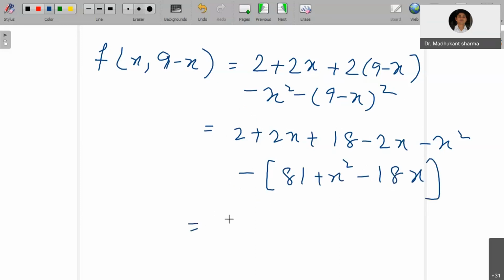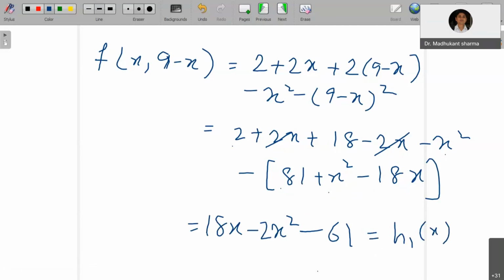So 2x gets cancelled; 18 plus 2 is 20, 20 minus 81 is minus 61, and minus 2x square plus 18x. You can call this h1 of x.